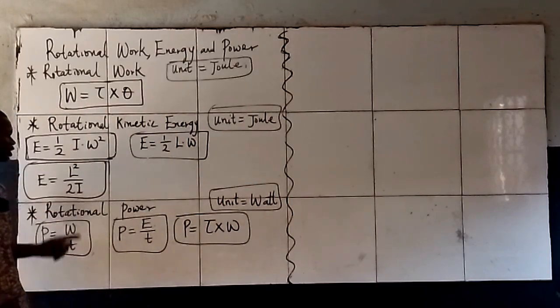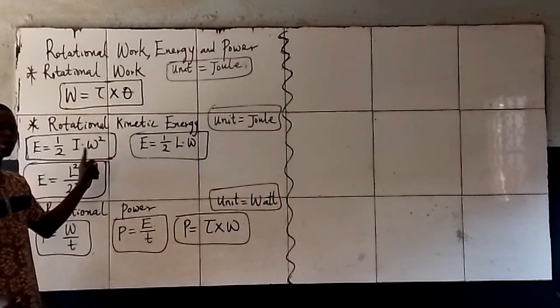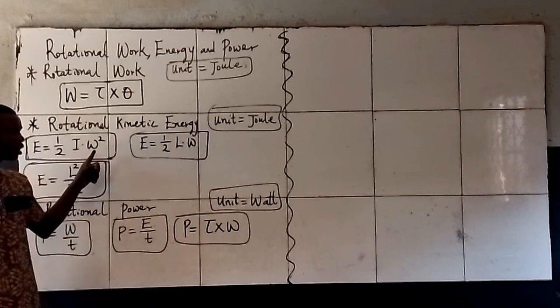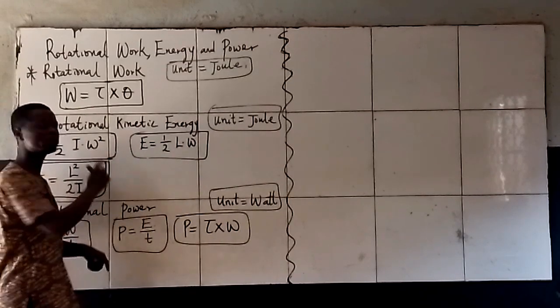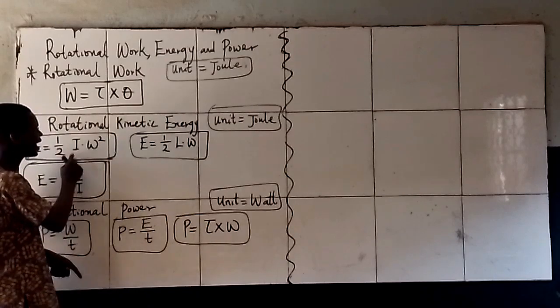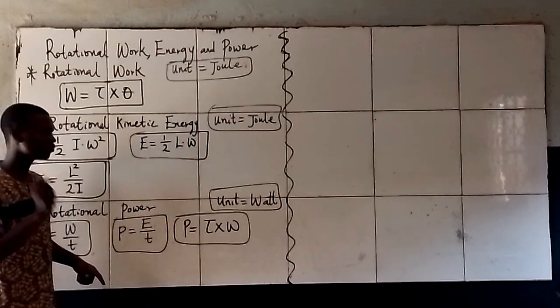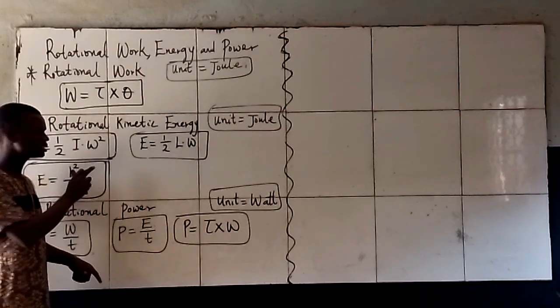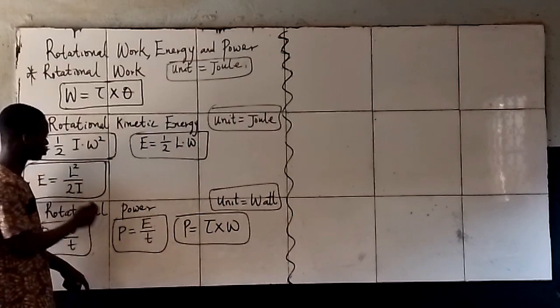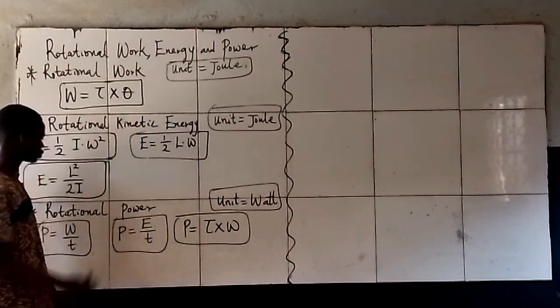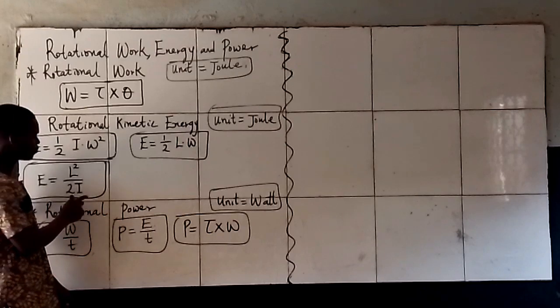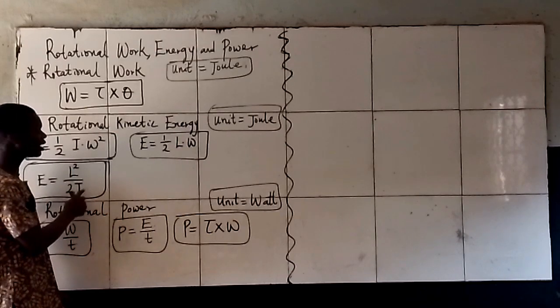And lastly, if you express this further, remember W here stands for angular velocity and I here stands for what? Moment of inertia. If you express angular velocity in terms of angular momentum, you will get this: L squared over 2I.